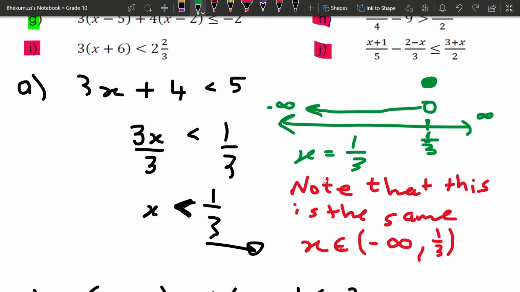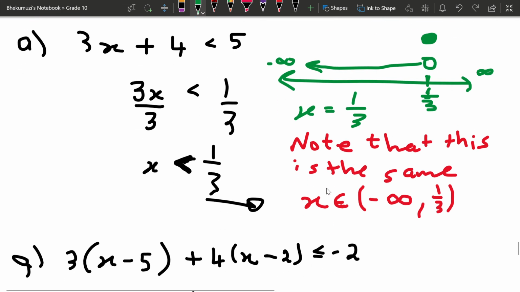Okay, so those are inequalities, but here's another way of looking at it, known as interval notation, where it says x is an element of negative infinity to 1 over 3. Notice the brackets, they are open brackets, and these open brackets basically mean that they are not including the literal number.